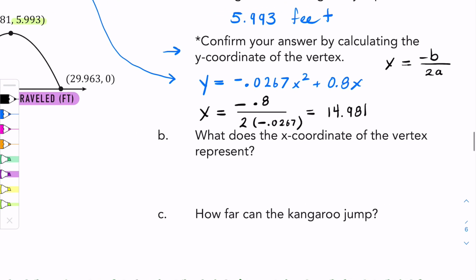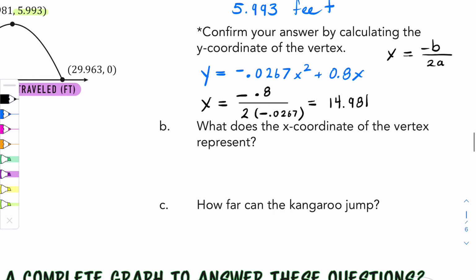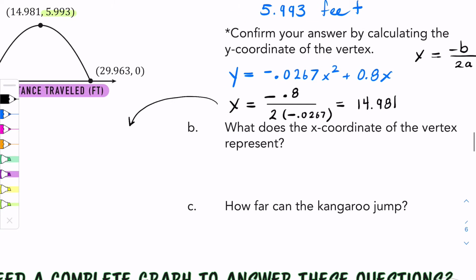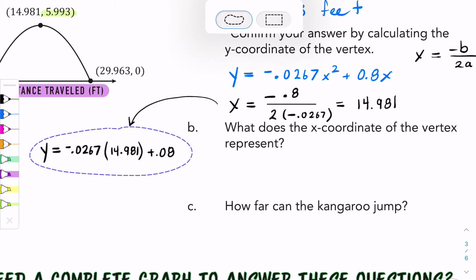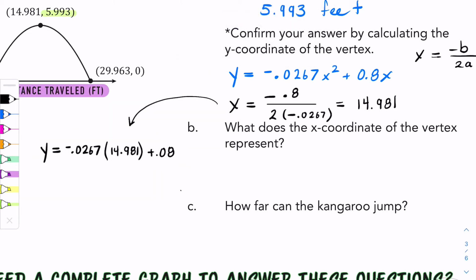Now to solve for the y-coordinate, you're going to substitute x back into the original equation. And once you do that, you're going to solve for y.